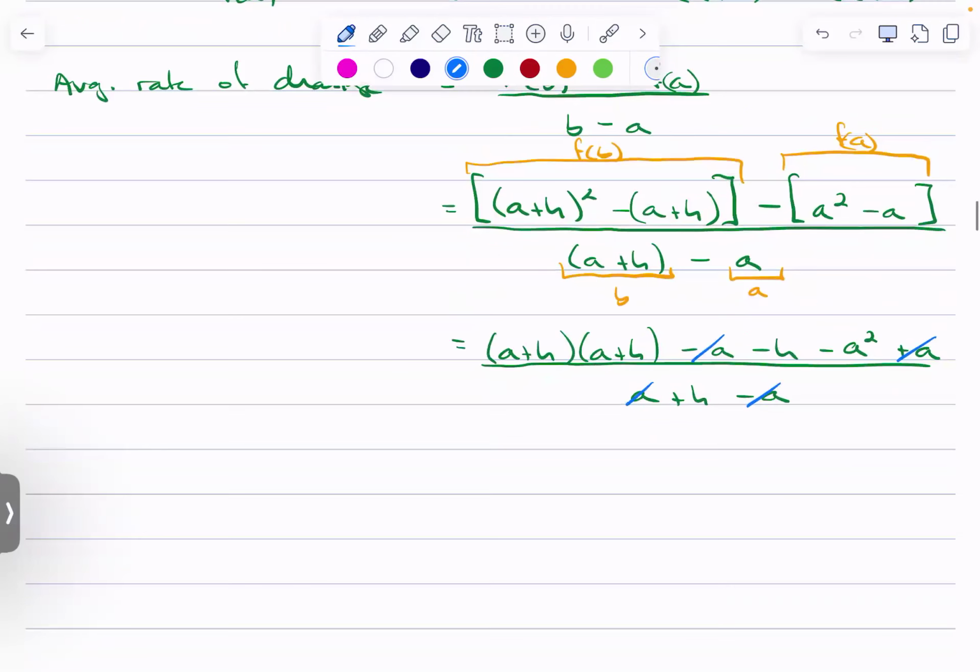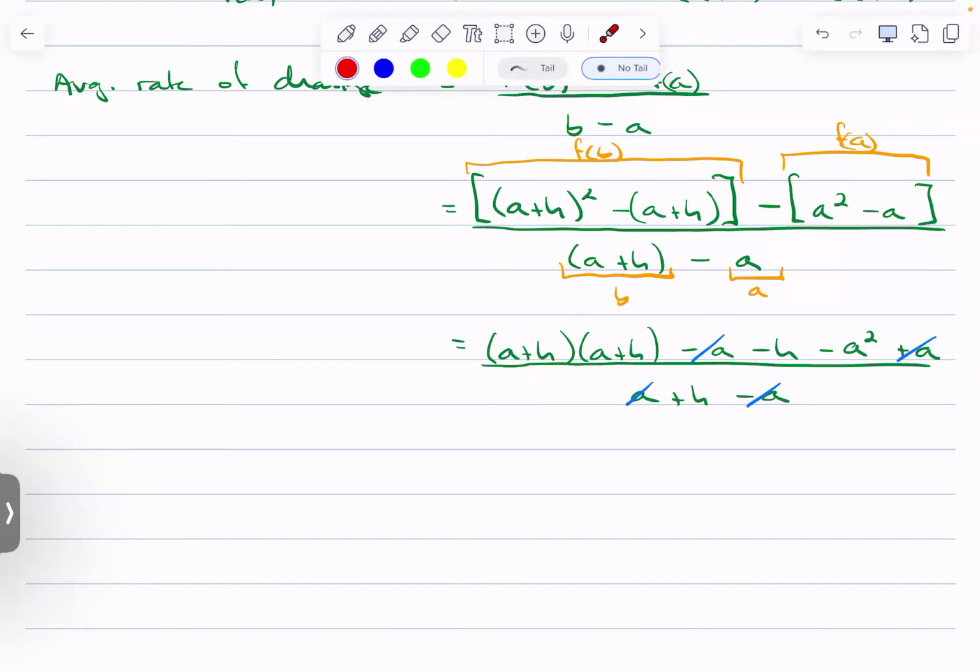And what's kind of cool is if you've done everything correctly, and a nice way to check it is that this h will cancel in the end. Okay? If you're unable to get this h in the denominator to cancel, something went wrong.